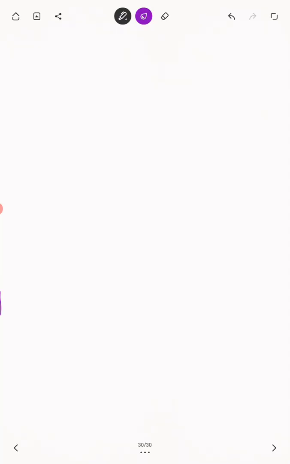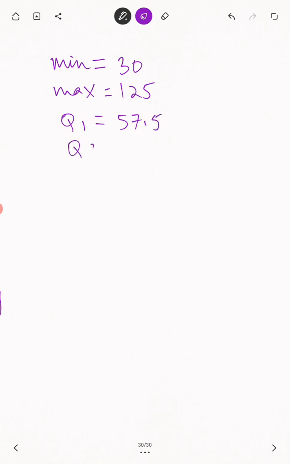Last step is to draw the box and whisker plot. So for that we need our 5 statistical summary, which is the minimum value, 30, the maximum value, 125, Q1, which we calculated to be 57.5, Q3, 92.5, and the median, sorry, I forgot the median in between.